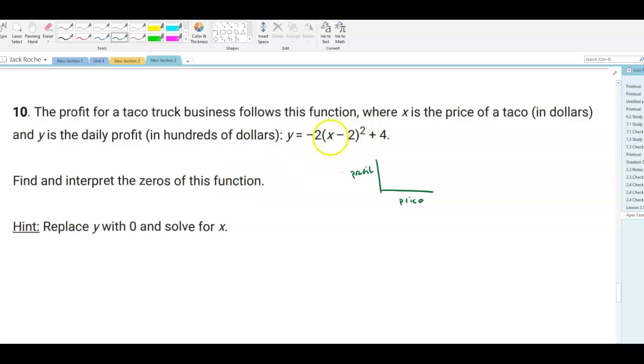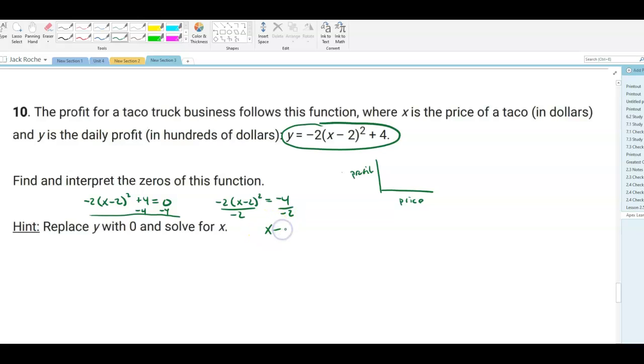So to find the zeros of the function, I'm going to take this equation and set it equal to 0. So we're going to have negative 2 times (x minus 2) all squared plus 4 equals 0. I'm going to first subtract 4. So I get negative 2 times (x minus 2) all squared equals negative 4. Then I'm going to divide both sides by negative 2.